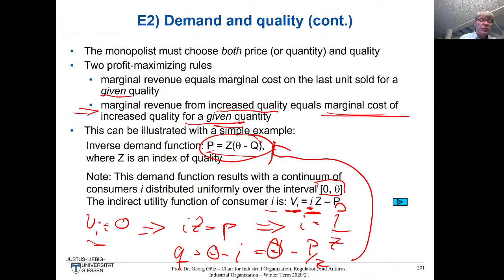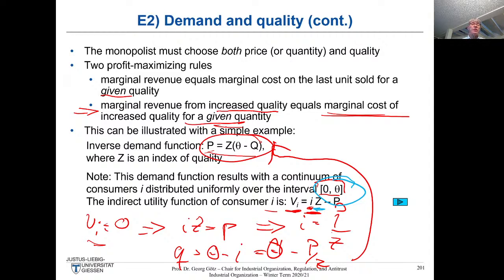We have an interval from 0 to theta, where theta is both the total number of consumers, or the measure, actually, we would call it, and also with this, c times z determines the maximum willingness to pay for the product.